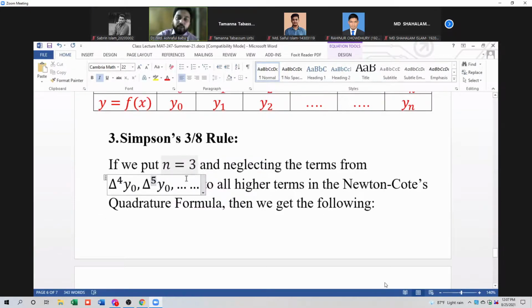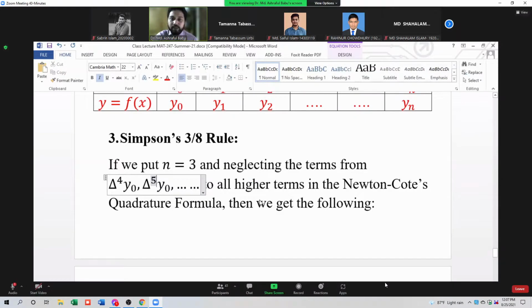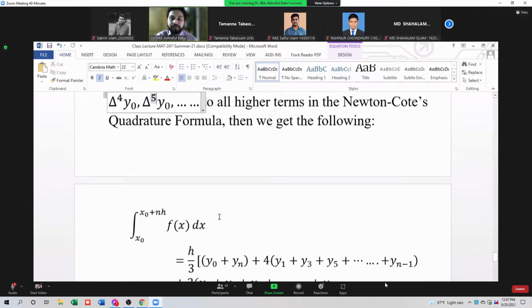That means we can accept up to del to the power 3 y naught, del cube y naught, and we neglect from del to the power 4 y naught to the higher terms. This is for Simpson's three-eighth rule, and we will find the following.